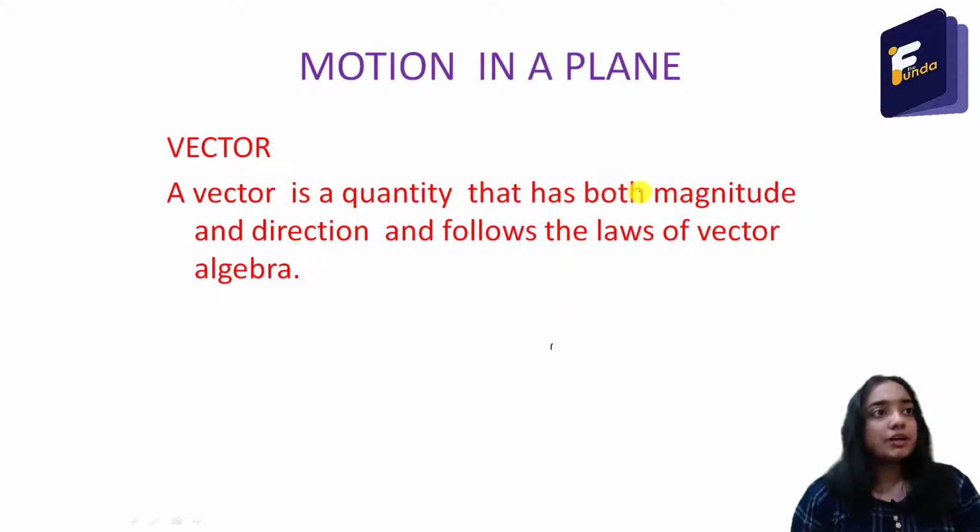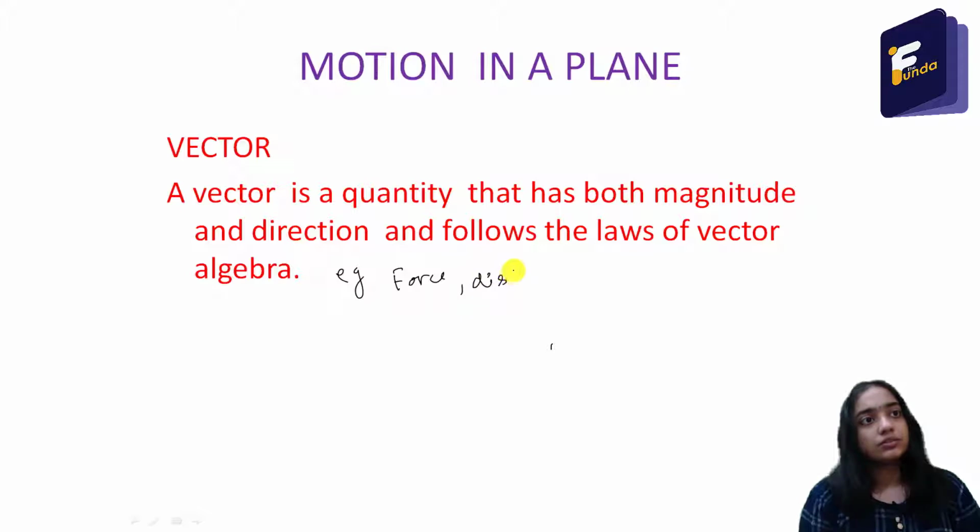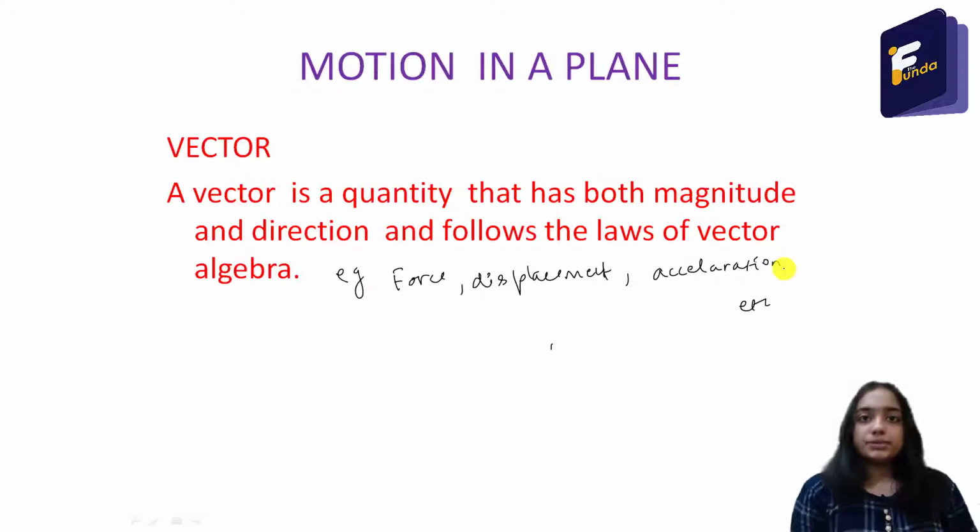A vector quantity is a quantity that has both magnitude and direction and follows the laws of vector algebra. Examples of vector quantities are force, displacement, acceleration, etc. In the case of displacement, as we discussed in the last chapter, we have to define the direction of the displacement.